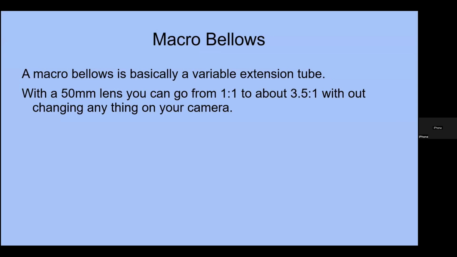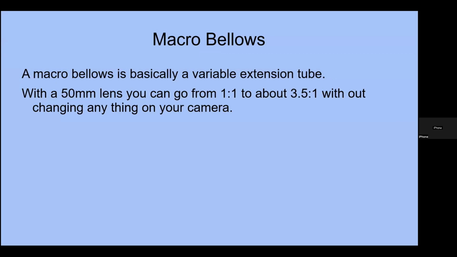The macro bellows, that's this goodie. It's the same as an extension tube. All the principles apply: when you put your lens on and move it out, you get the magnification that you want.